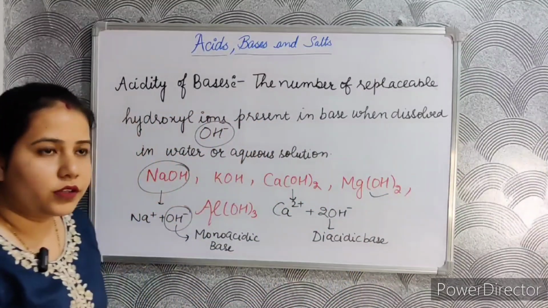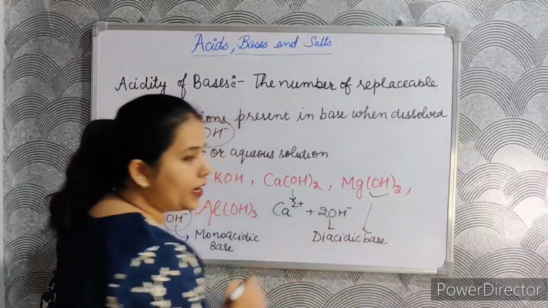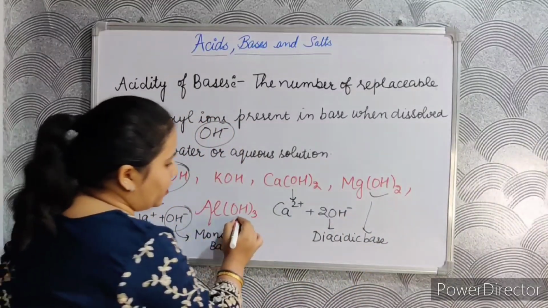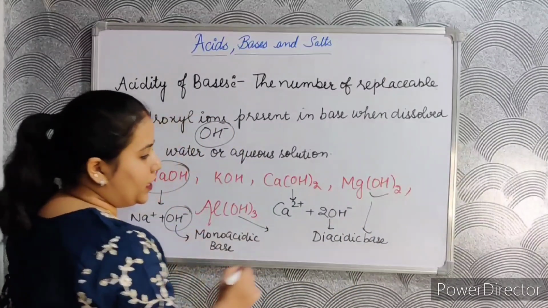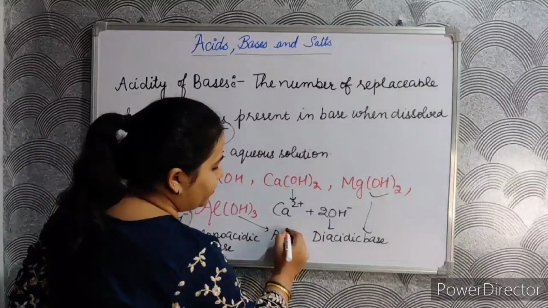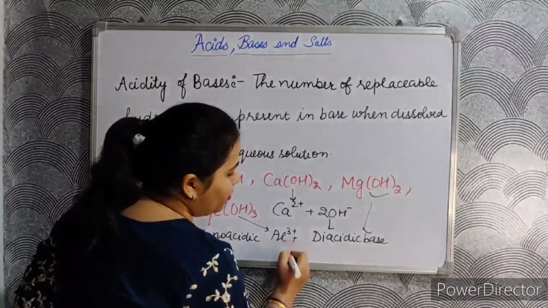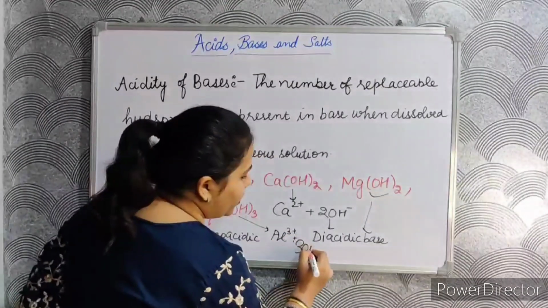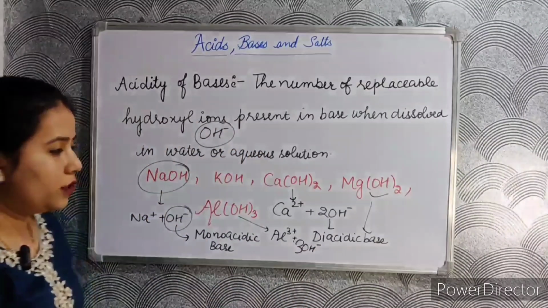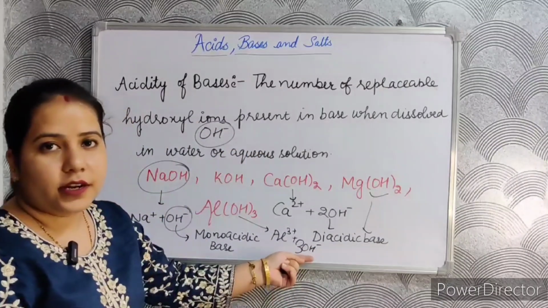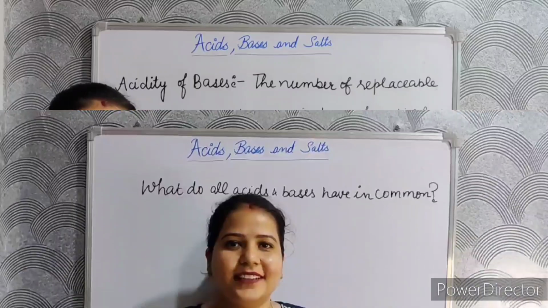Magnesium hydroxide is also a diacidic base. When aluminium hydroxide is added to aqueous solution, it forms aluminium ion and 3 OH minus ions are released. It is known as a triacidic base.